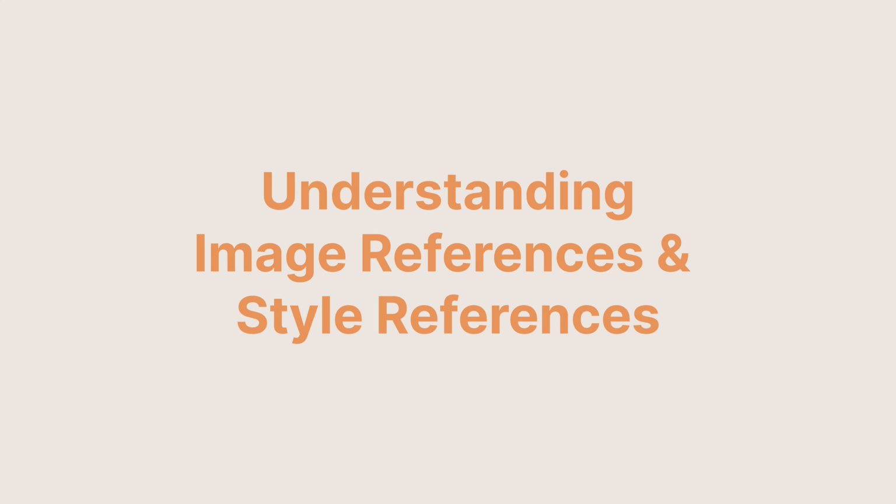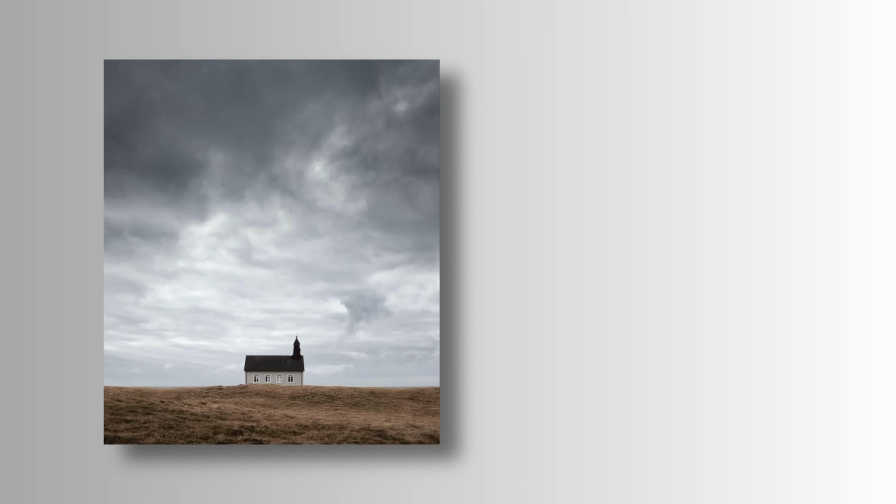To explain the principles behind the process, let's start with this image that I found on Pinterest. It's got very dark clouds, there's a little church, and the land is quite barren and brown. And what I want to do is use this image, and I also want to add in some references.